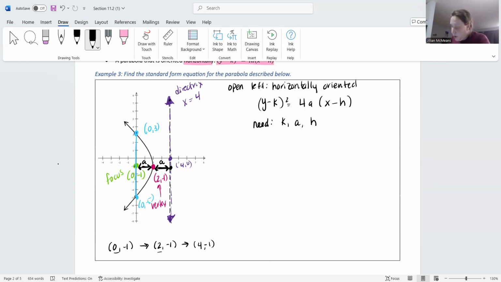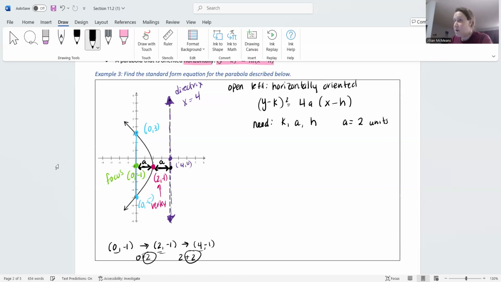I add 2. So this would be 0 plus 2. How do I go from 2 to 4? Well, I would add 2. So what am I adding? I'm adding 2, okay? So you can see visually that we have a difference of 2. Like the distance from the focus to the vertex and then from the vertex to the directrix is 2. Okay, so we can say pretty confidently that a is 2 units.